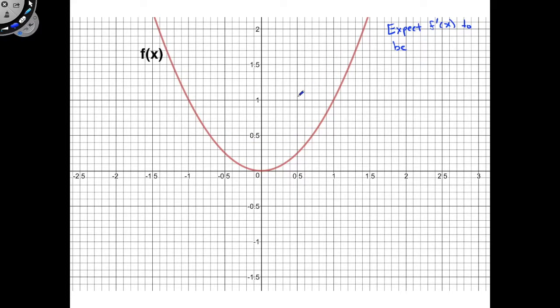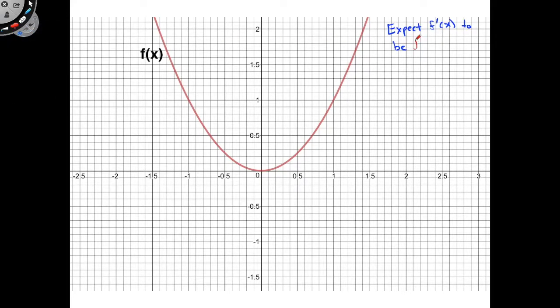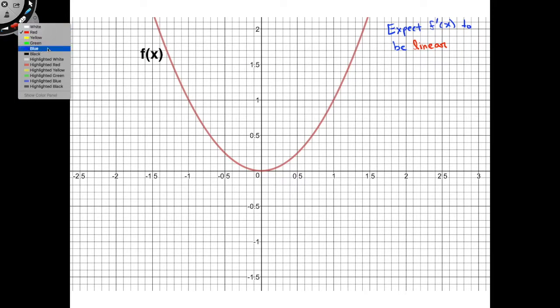And parabolas more often follow the formula y equals x squared plus some other terms. If we take a derivative of anything that has an x squared, we're going to get a linear term, right? Because the x squared eventually simplifies down to something with just an x in it. So therefore, we'd expect f prime of x to be linear, right? So we're expecting a graph that's just got a line, okay?